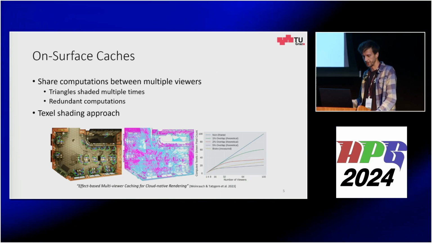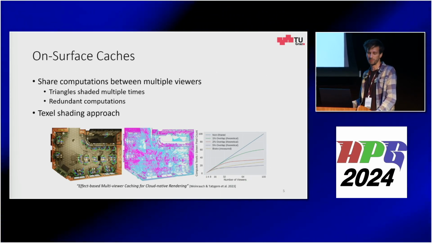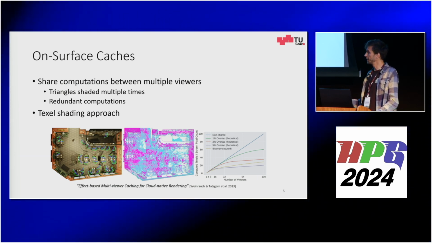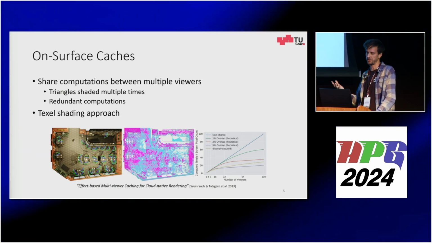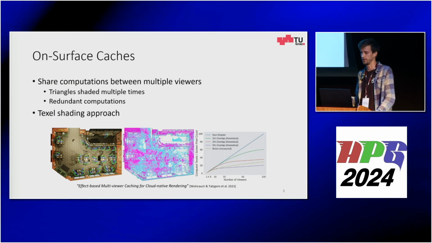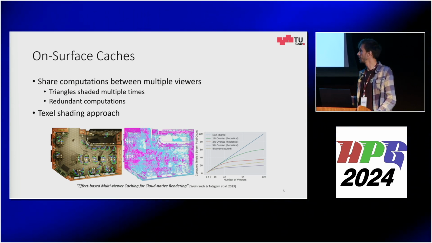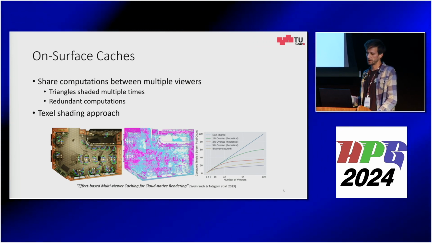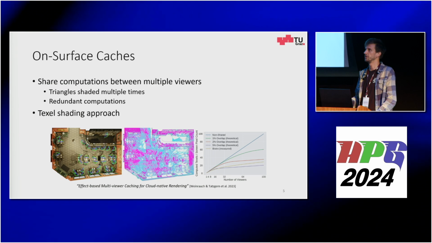Sharing computation in screen space is not really possible, or really hard. On-surface caches are a texel shading approach, which allows computation to be shared between the viewers inherently. In the paper, they've shown that the quality matches that of screen space renderers, and that the overhead of the cache management is actually minimal.